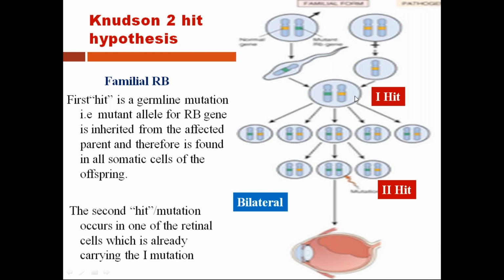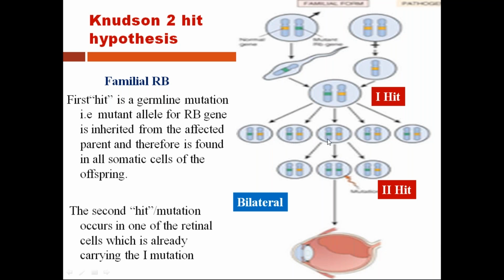Since it is occurring just before fertilization, in the germ cell, it is called a germline mutation. So this is the first hit. Now this cell with one abnormal mutated allele gets differentiated into the somatic cells. In all the somatic cells you can see the mutated allele of the RB gene.